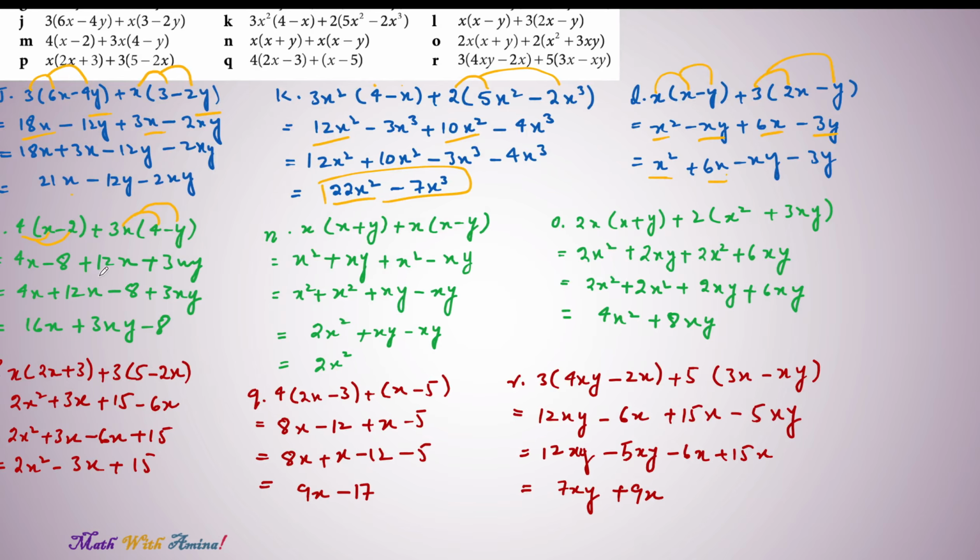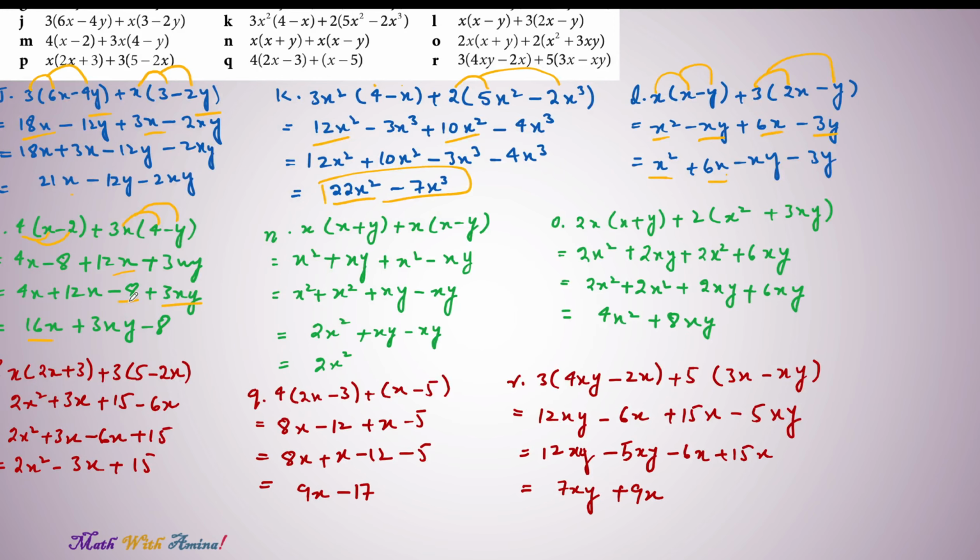As a result, we get 12x plus 3xy. Combining the like terms, we get 4x plus 12x minus 8 plus 3xy. So these two are like terms, so 4x plus 12x is equal to 16x. The rest of the terms, be it minus 8 or plus 3xy, are unlike terms.